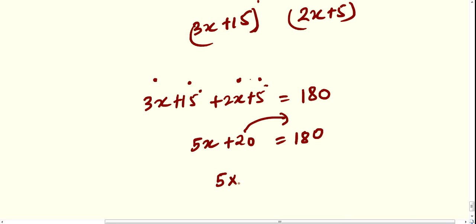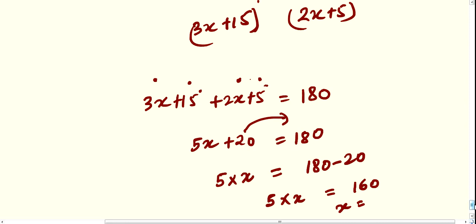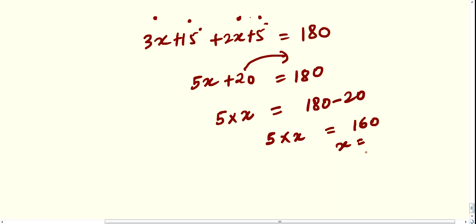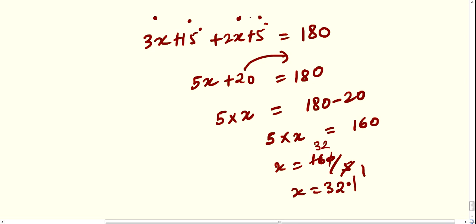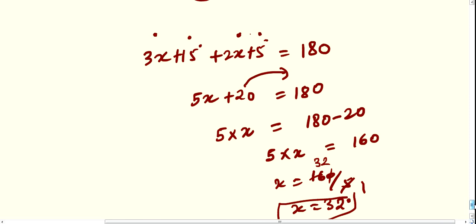So 5 into x equals 180 minus 20, so 5 into x equals 160. x equals 160 upon 5. So x equals how much? 32 degrees.